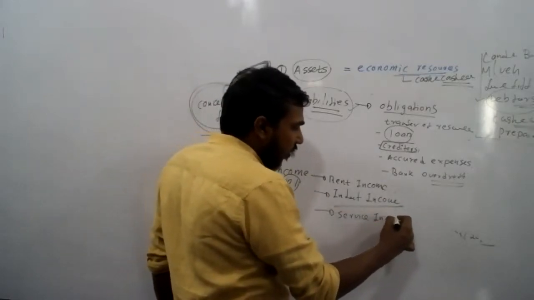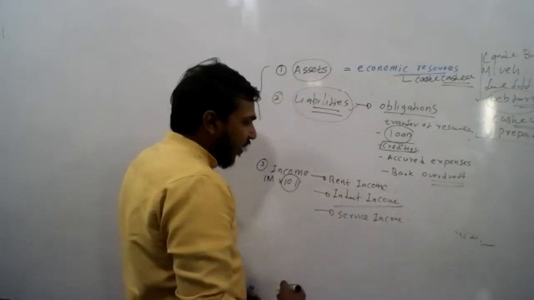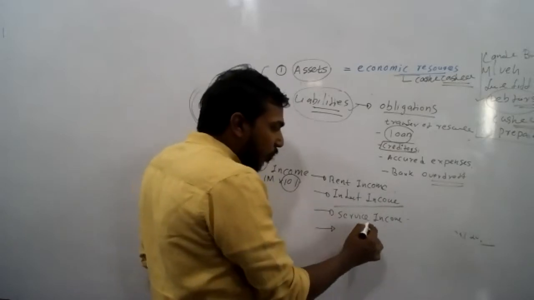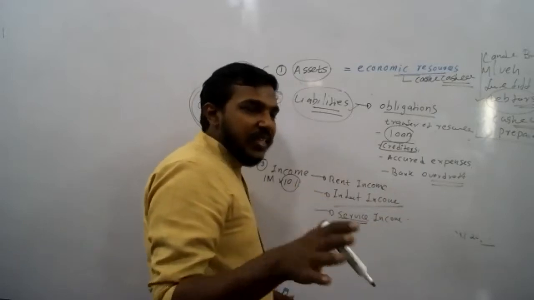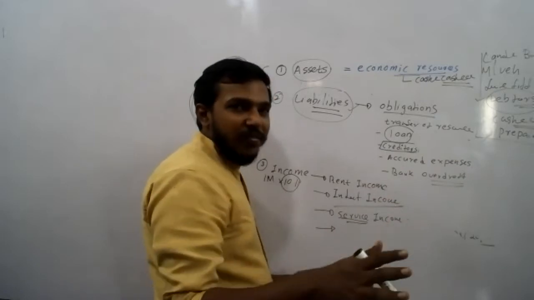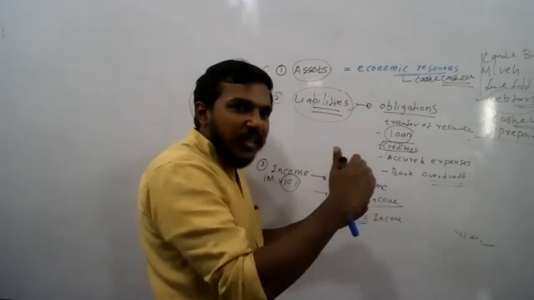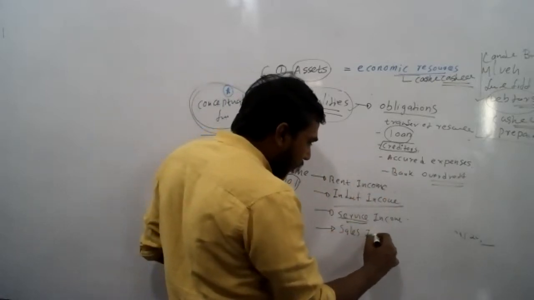Clear? Since I am providing a service, my main income is service income. For some other company, say a pharmacy, Arpico supermarket, Cargills, Keells, whatever, if there is one-to-one sales, their main income is sales.